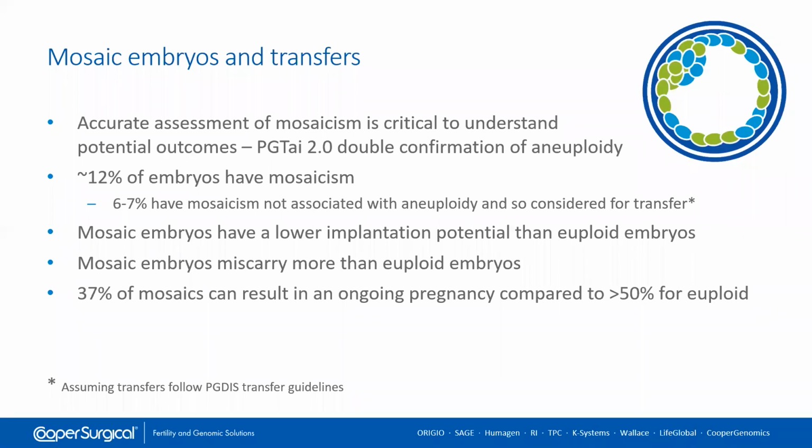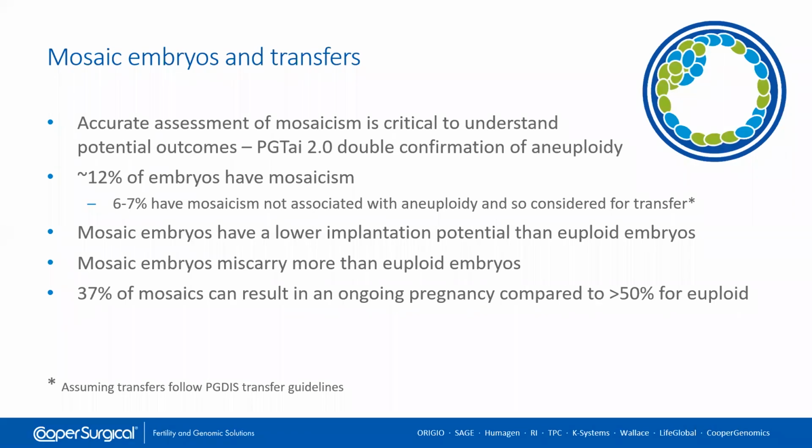Yes, 12% of embryos by our testing show mosaicism. However, if you were to follow the PGDIS guidelines and only transfer those which had not got an increased risk of, say, UPD or live birth, then you're looking at about 6 to 7% of embryos that may be more suitable for transfer, even if they're mosaic.